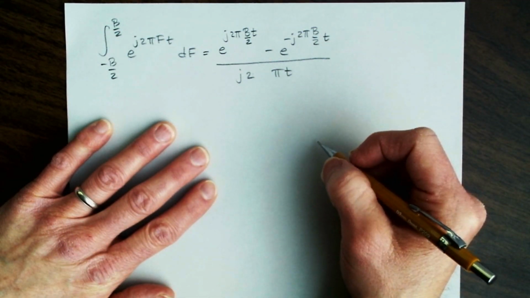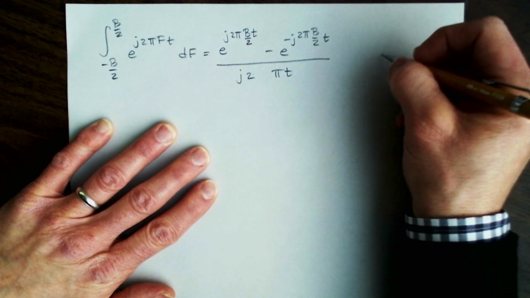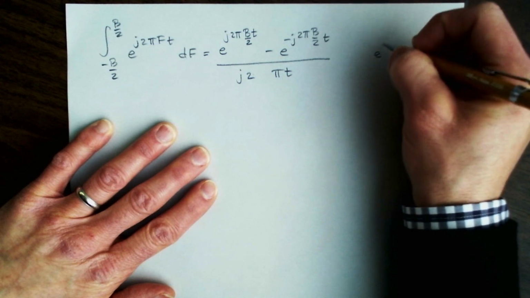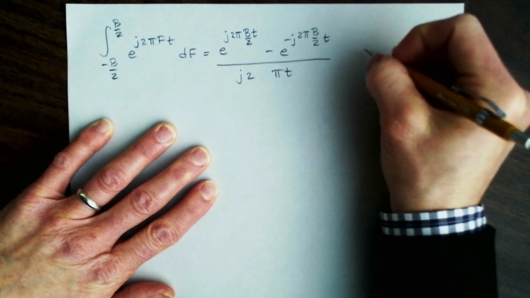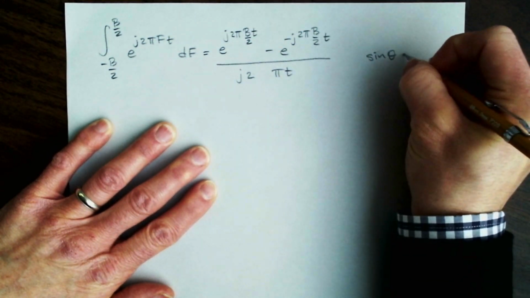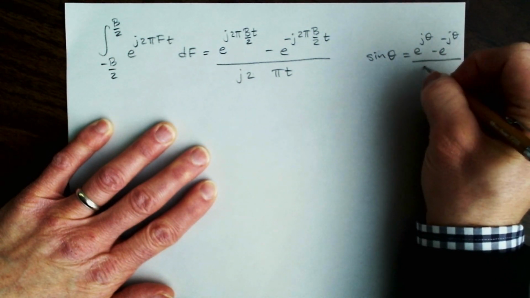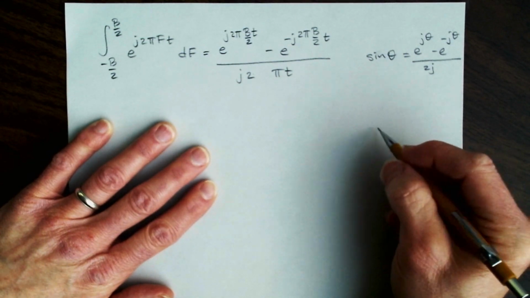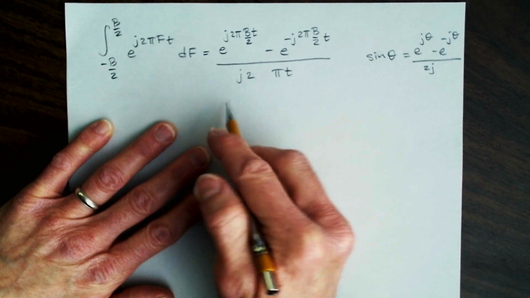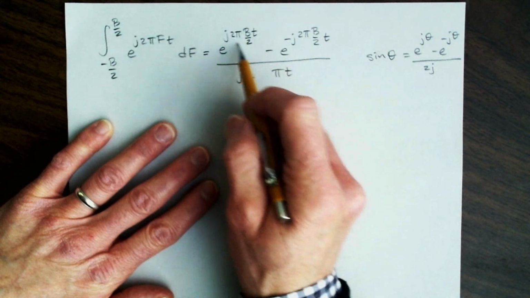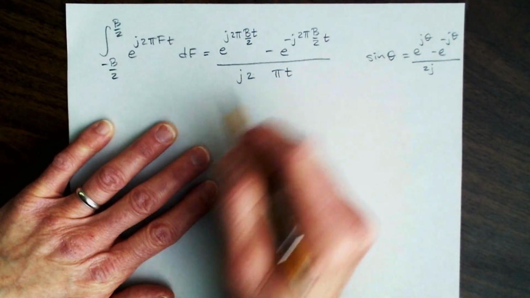Now, I've written this in a way that hopefully suggests something to you. I'm sure you're familiar with this identity for the sine function: sine of theta is e to the j theta minus e to the minus j theta, divided by 2j. If we compare that with our integral over here, we see that we have e to the j something minus e to the minus j that same thing, divided by 2j.